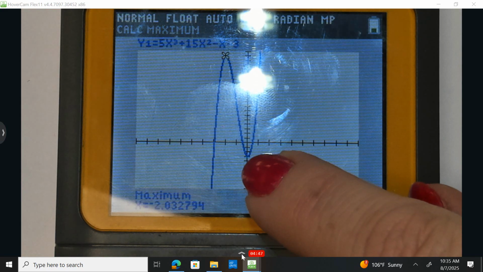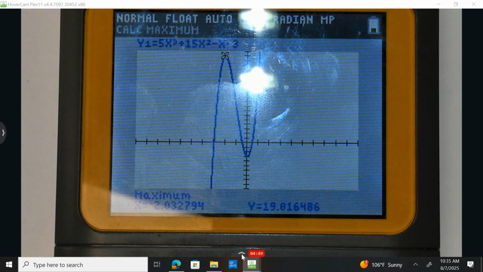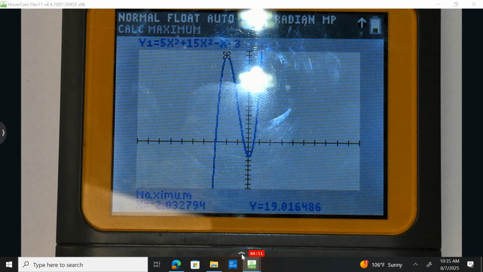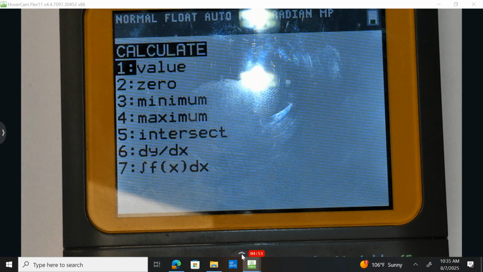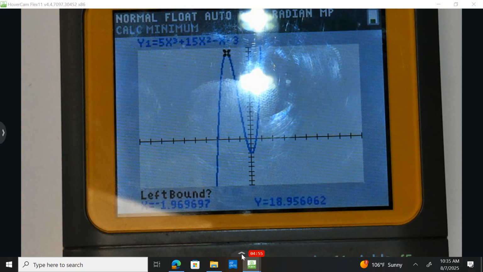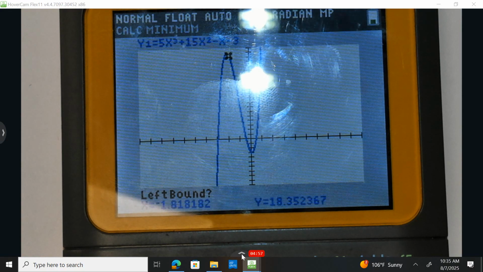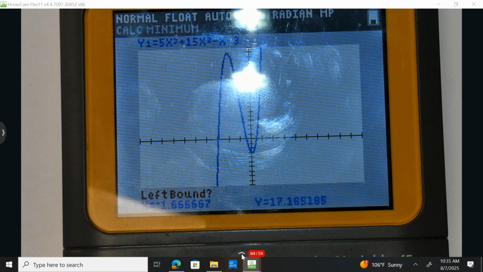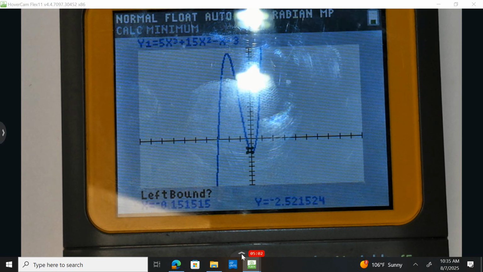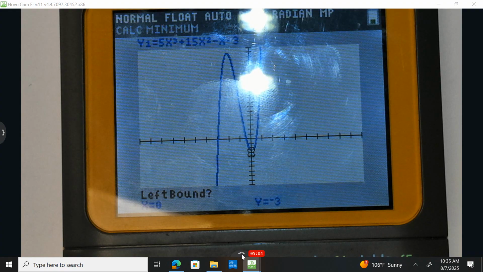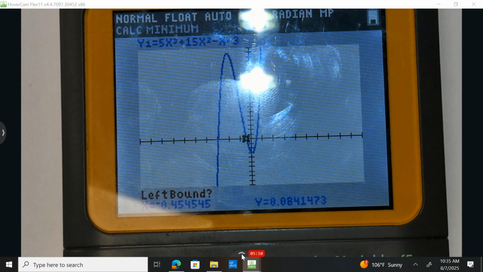We want to know what is the local or relative minimum. Please again hit second trace. And this time instead of maximum, we want the minimum. We're going to use the arrows and we're going to go all the way down. We're not going to press enter, and now we're ready. The directions say left bound. That means from that lowest point of the valley, we're going to go somewhere to the left and press enter.